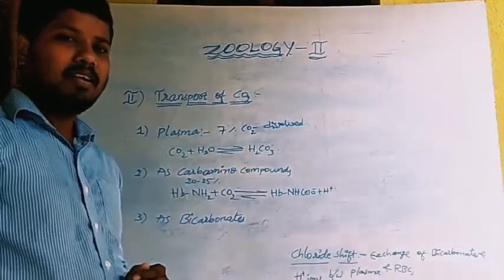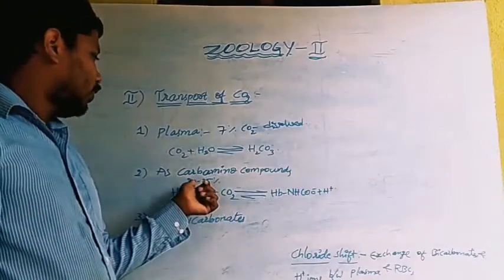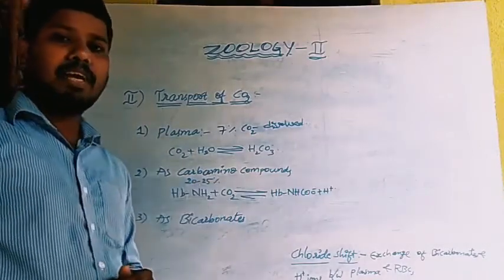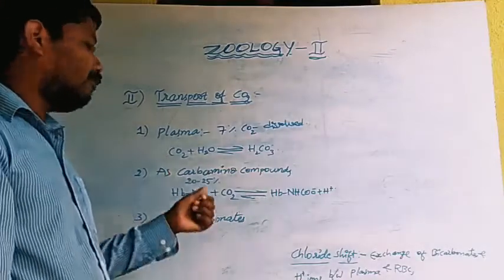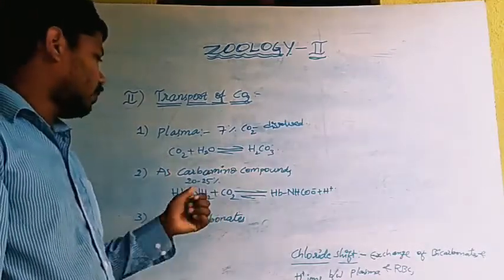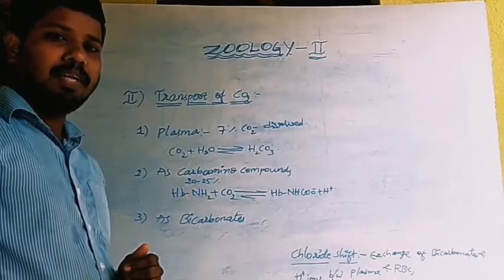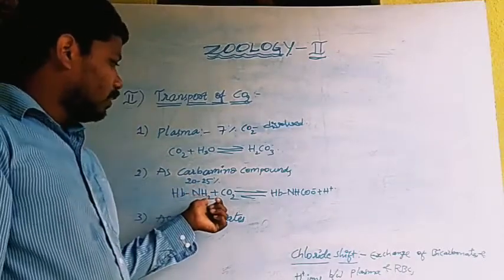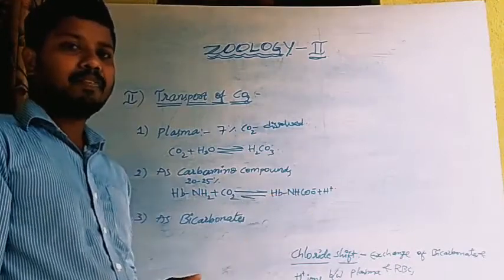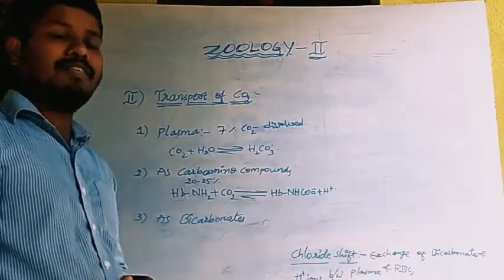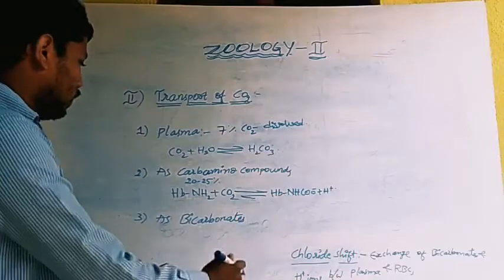Here 20 to 25% of carbon dioxide directly combines with the free amino group of hemoglobin, forming a carbamino compound of hemoglobin.